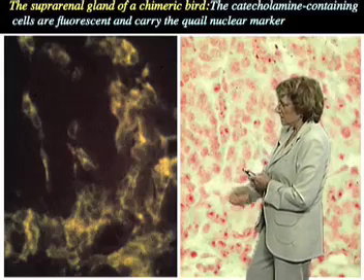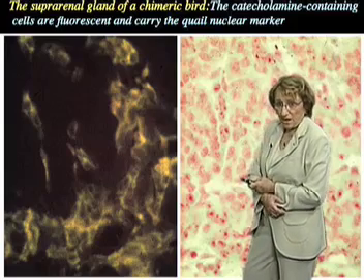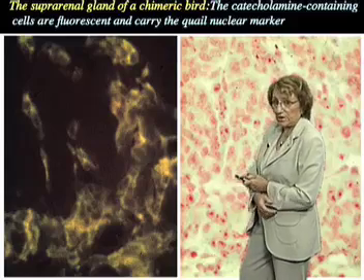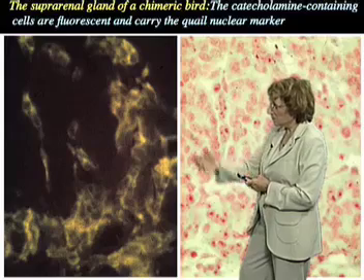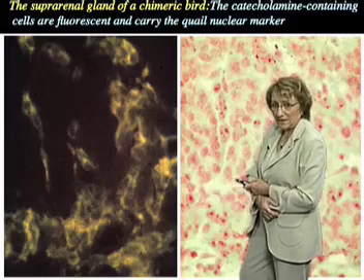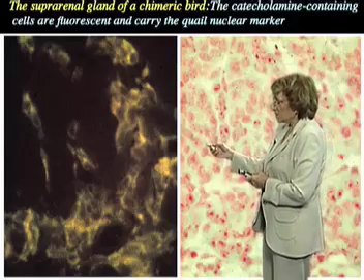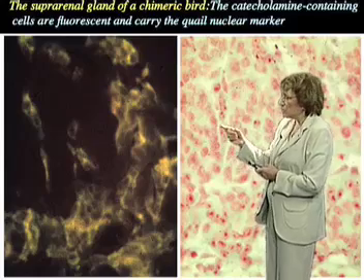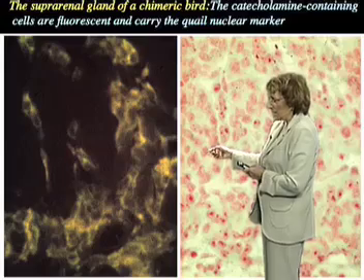And this fluorescence is a result of the so-called Falk and Hillarp technique, which allows the catecholamines to be evidenced inside the cells. So those cells are cells which produce adrenaline and noradrenaline. And the same section was subjected after to the Feulgen reaction. And you see it on the right side.